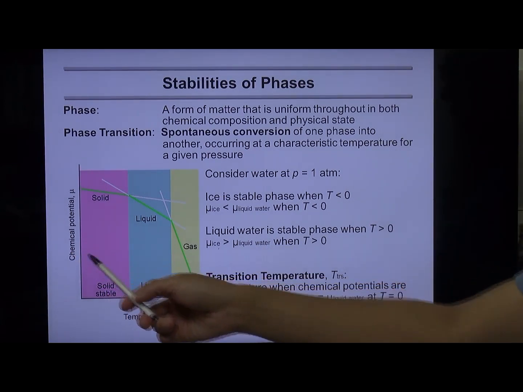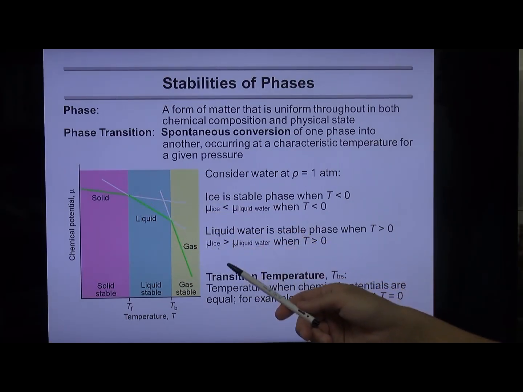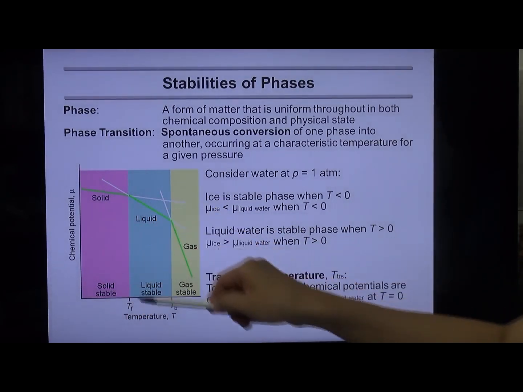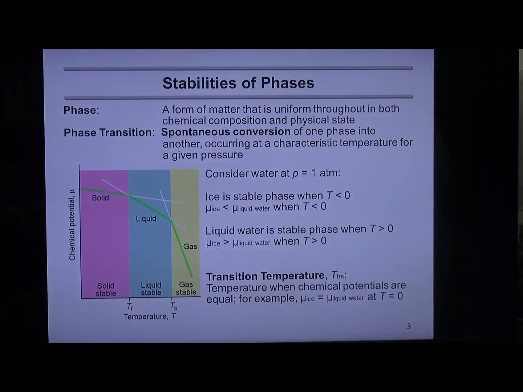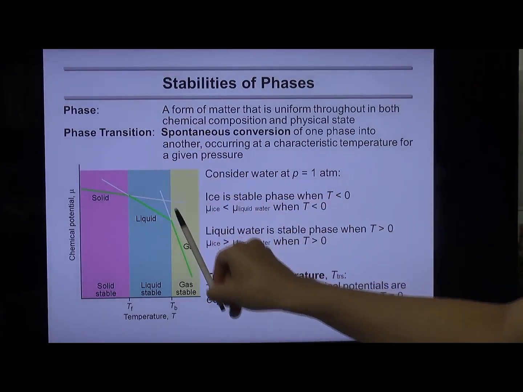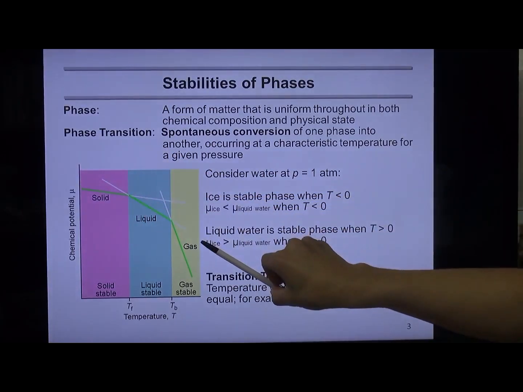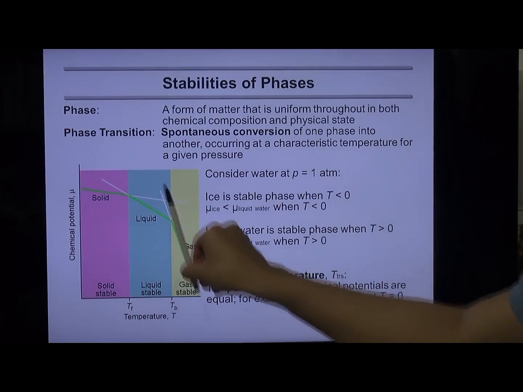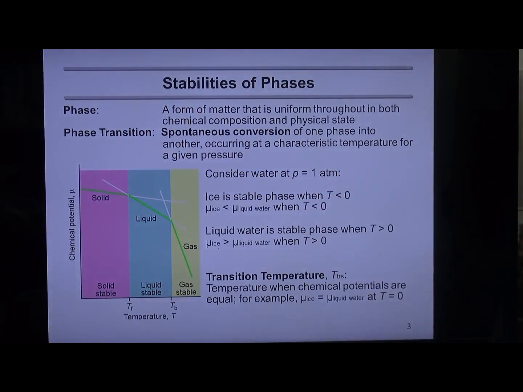Chemical potential decreases as a function of temperature, because the partial derivative of chemical potential with respect to temperature is minus molar entropy. And gas has the largest slope, followed by liquid and solid.